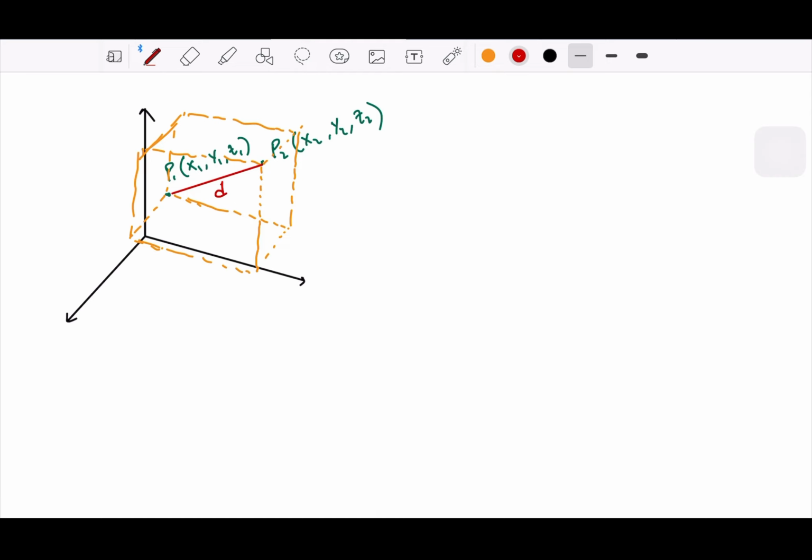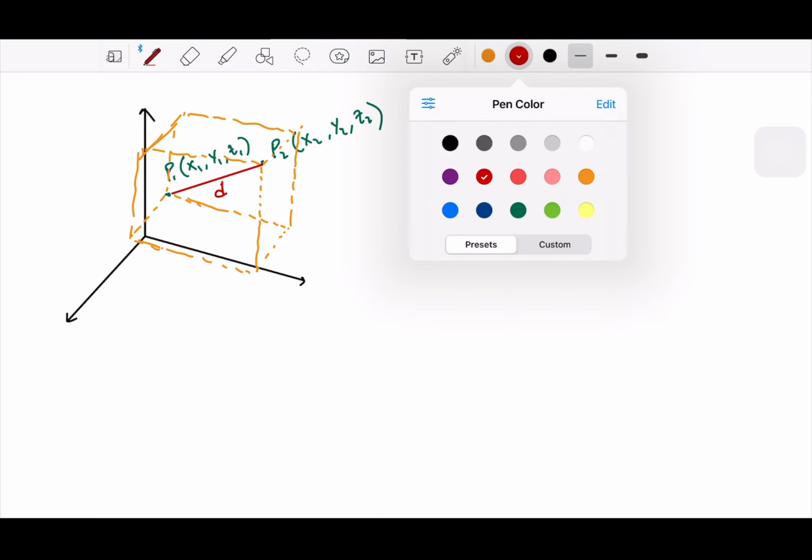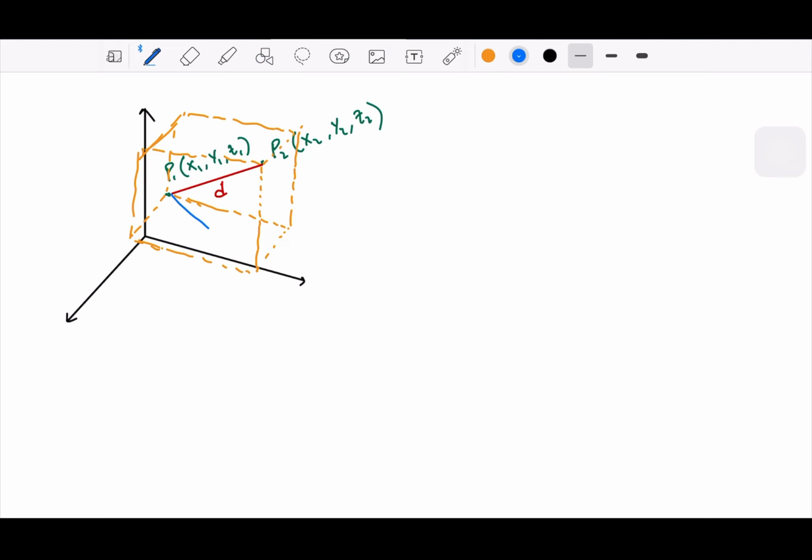The easiest way to visualize how we can get the distance is, I think, probably obvious: using a triangle here, and we know that we can use the Pythagorean formula.